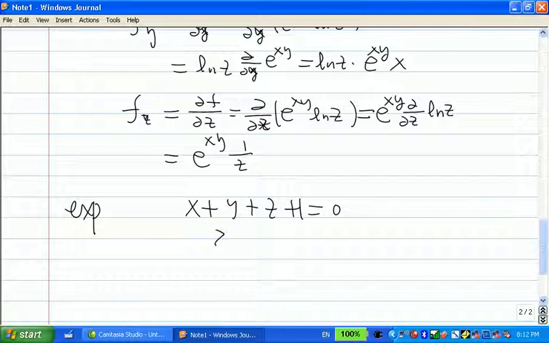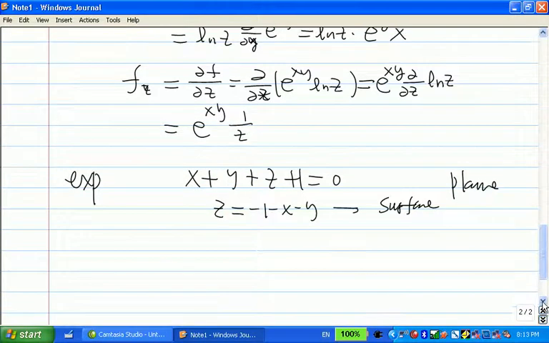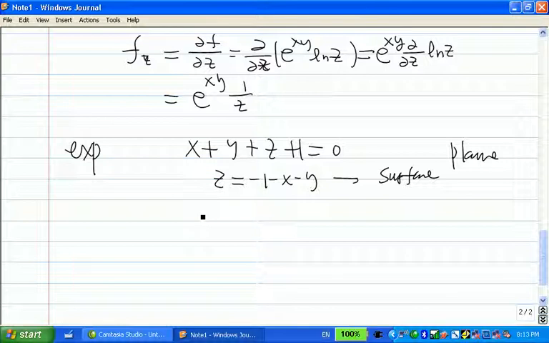In fact, you can solve that: z equals -1 minus x minus y. In fact, we know the graph of that is a surface. And what kind of surface is that? It really is a plane. For a function defined this way, f(x, y, z) equals 0, this is really just an implicit function.